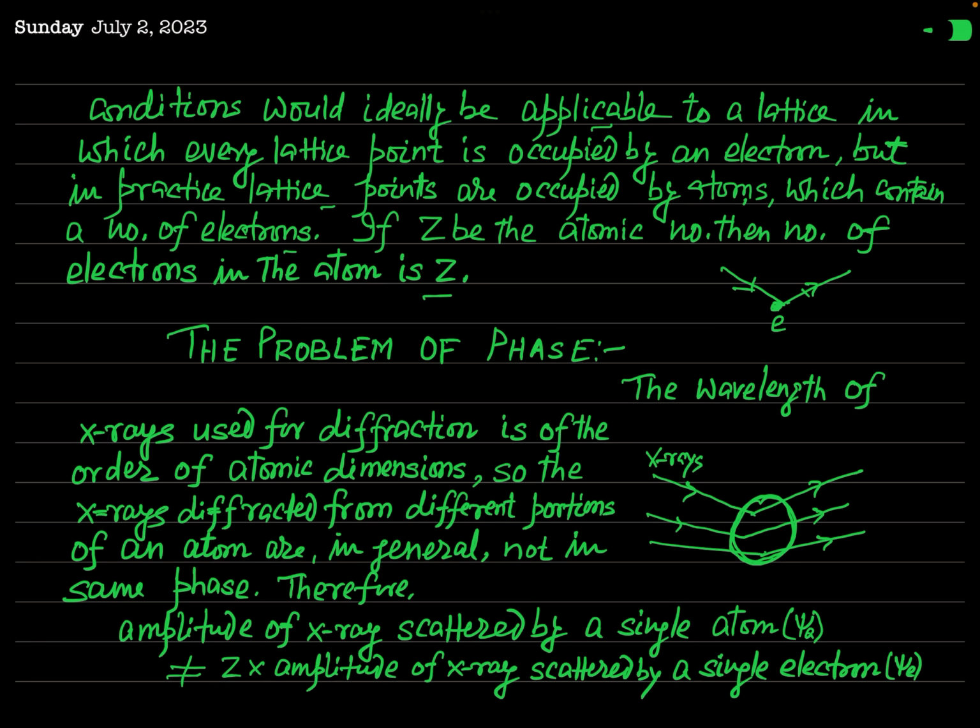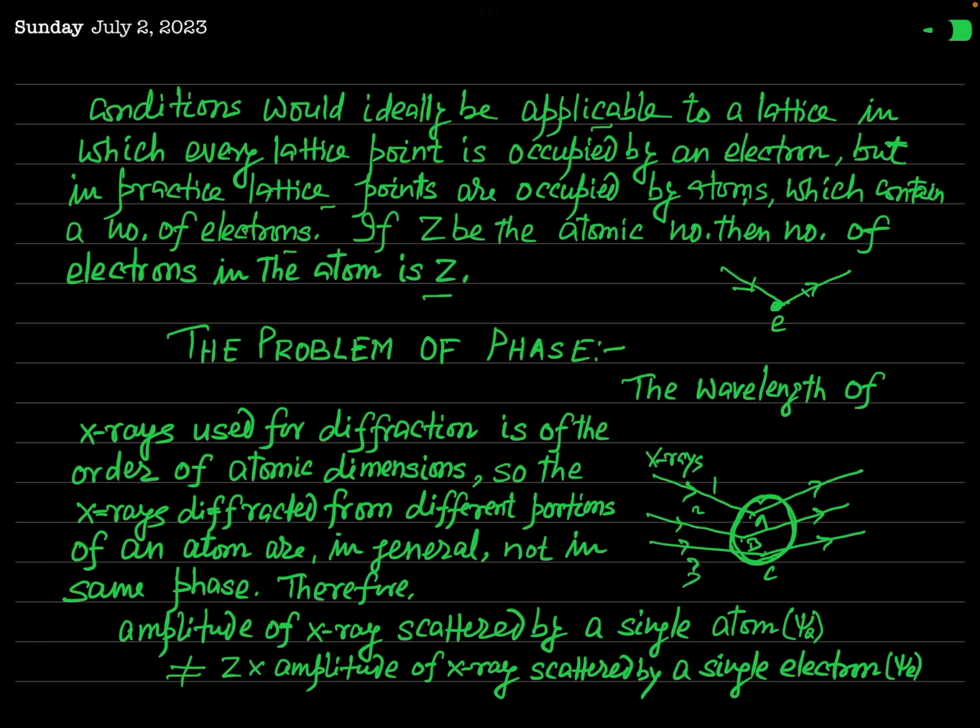As I have shown in this figure, let us see, the first beam is scattered from this point, let us say A, the second beam is scattered from this portion B, and the third beam is scattered from this point C. So these are the different points located on the atom from where the diffraction of X-ray takes place.